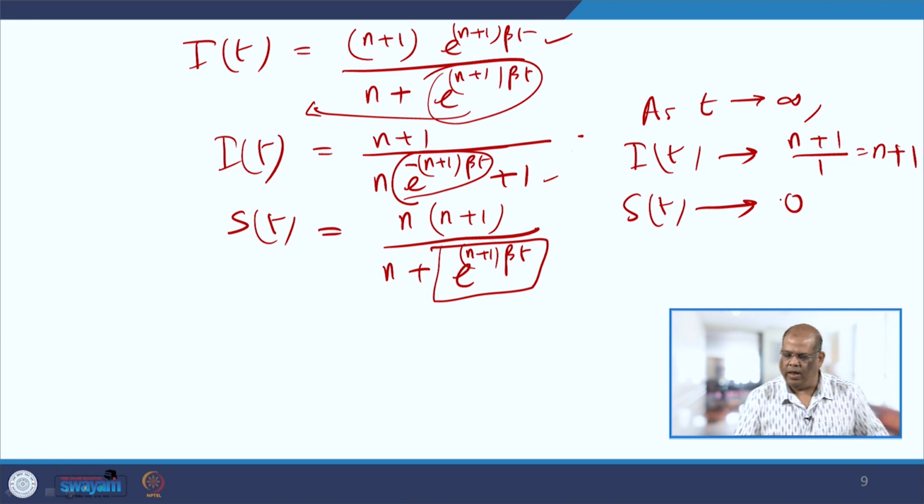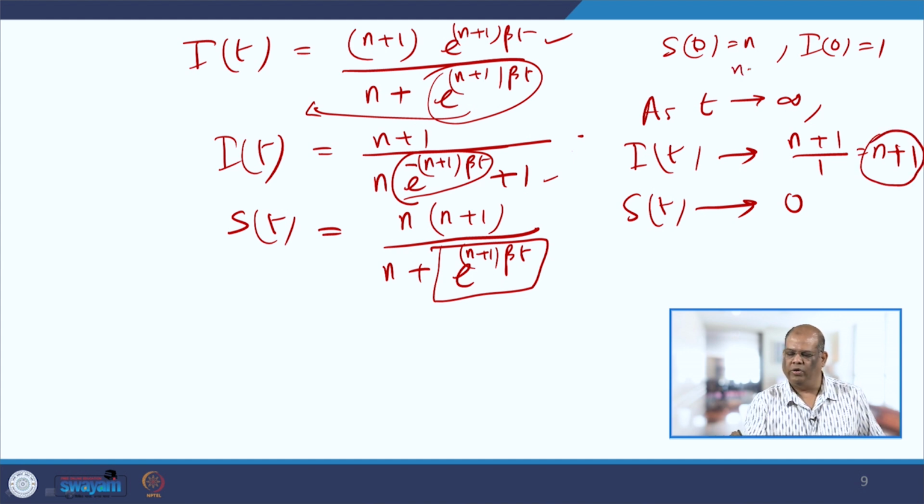So, what is happening is, as time increases, initially there was n susceptible and only 1 infected, but as time becomes large, all the persons of the population get infected, because the total population is n plus 1, and your susceptible goes to 0.